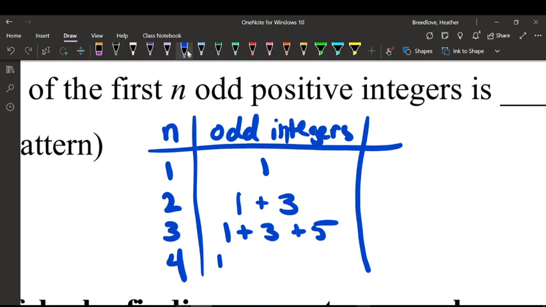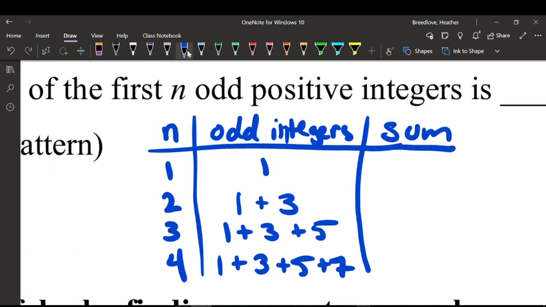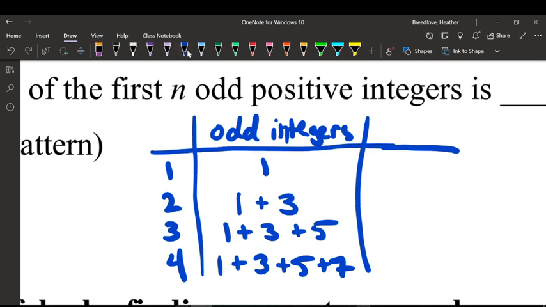And then the first four, 1 plus 3 plus 5 plus 7. And 4 is enough. We don't need to keep going because we're just making a conjecture. We're not actually trying to prove it. We just want a best guess. And it said the sum of them, right? So we're going to compare n with the sum.